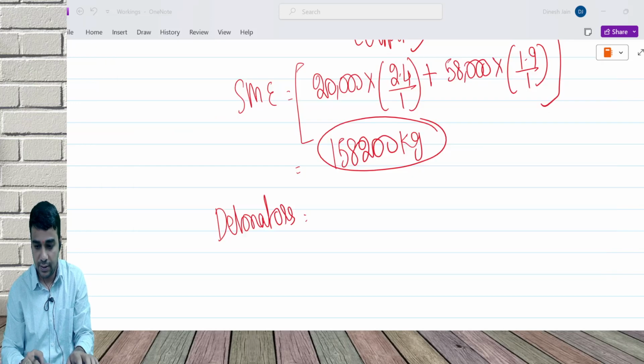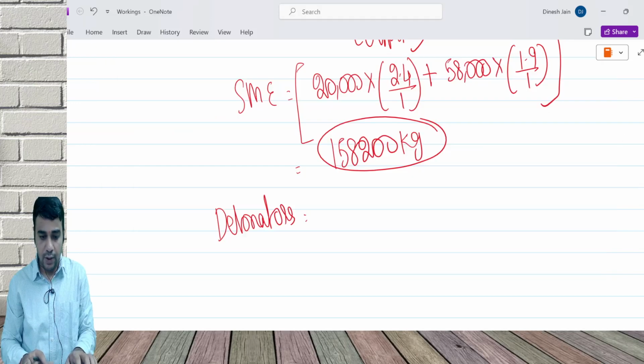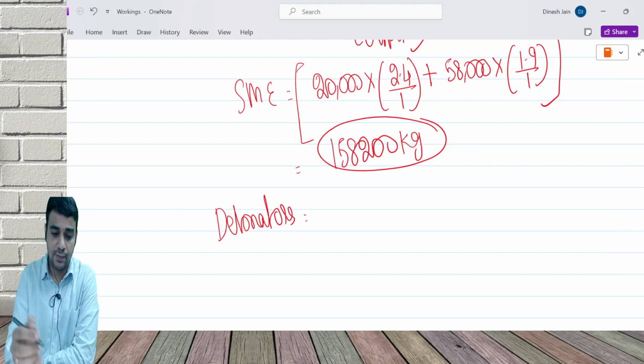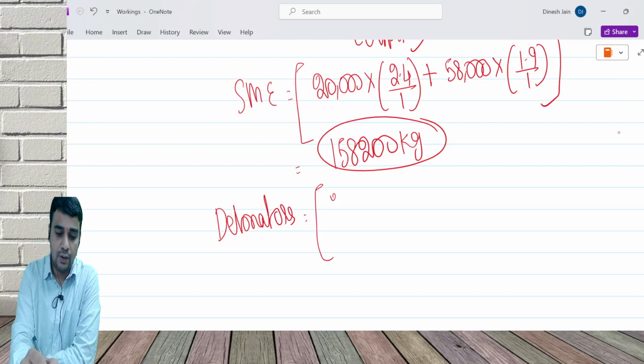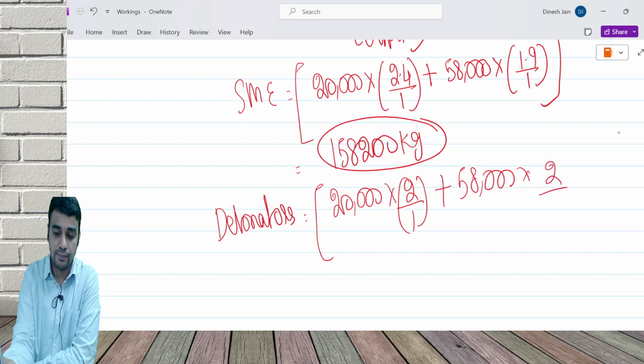Just give me a minute. We'll do the calculation for detonators, which is 20,000 into what? And next product 58,000 into, all put together how much? 1 lakh.